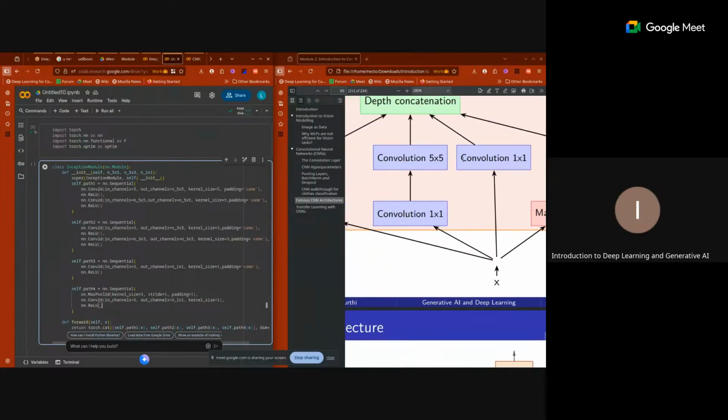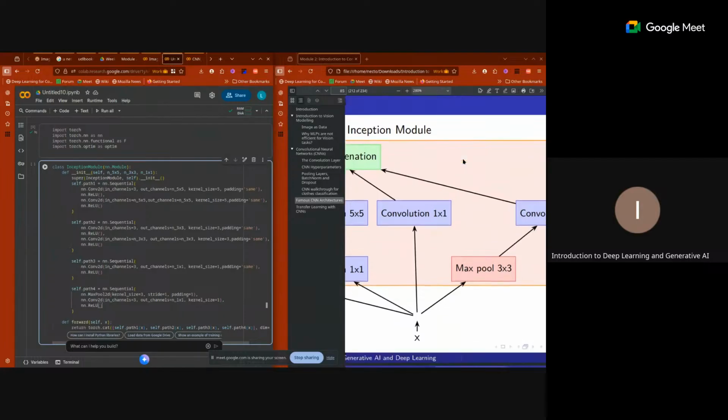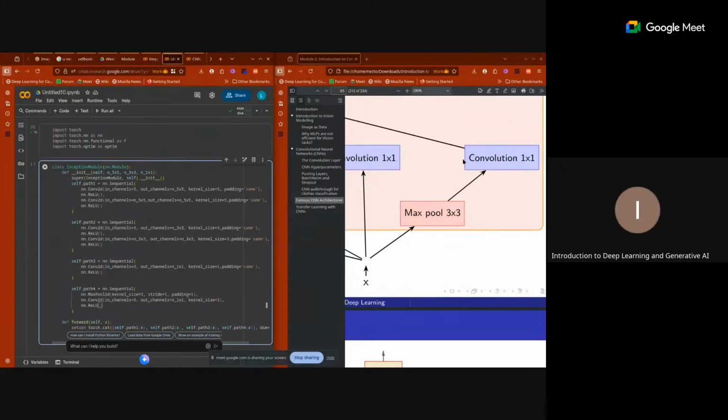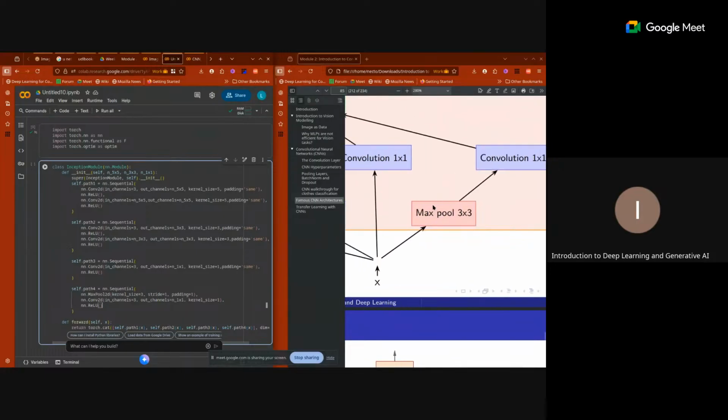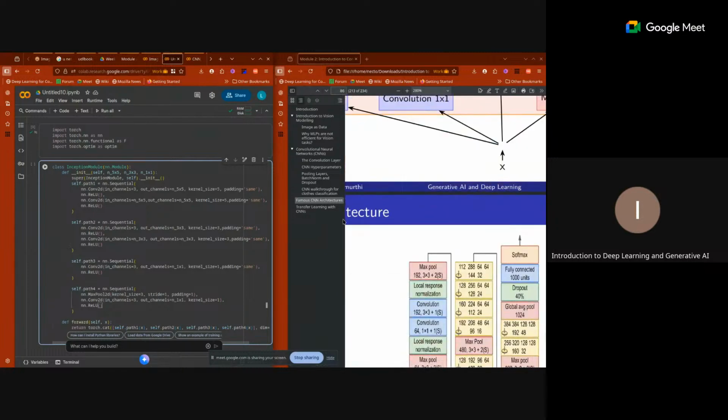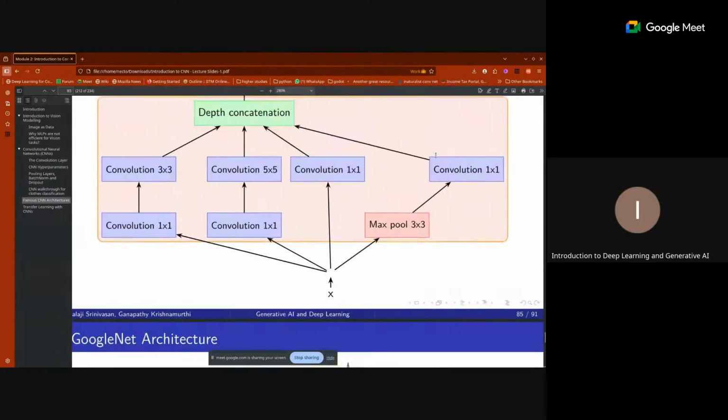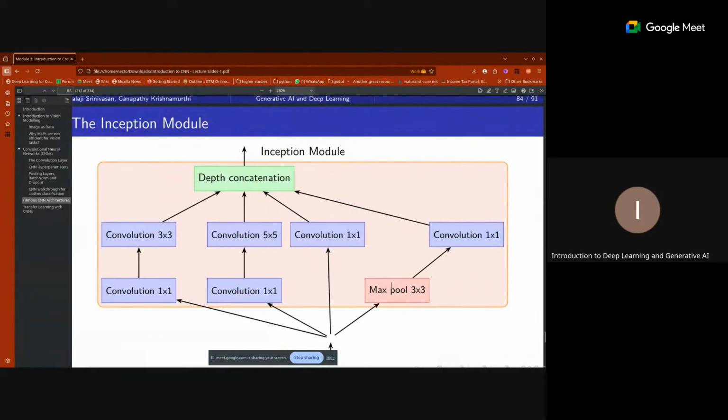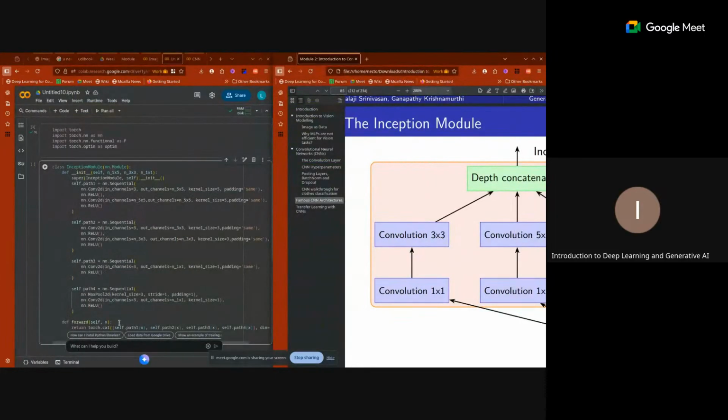So what do we do here? Okay, max pooling 2D.